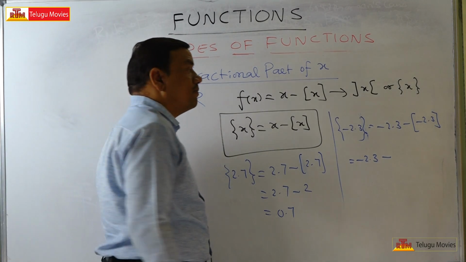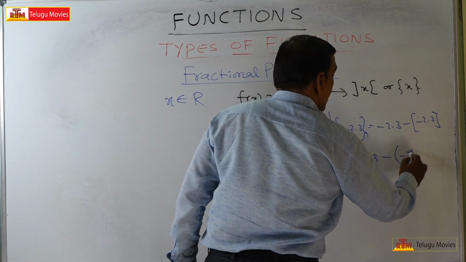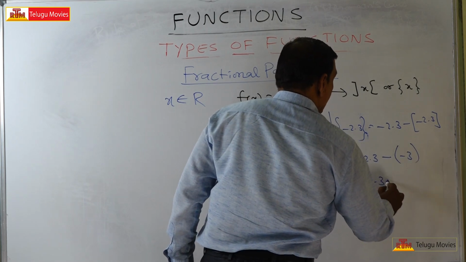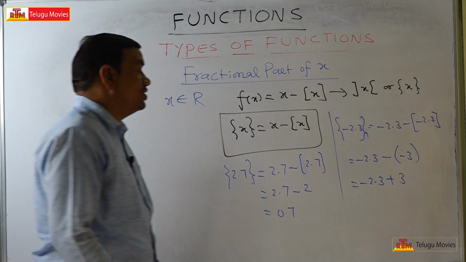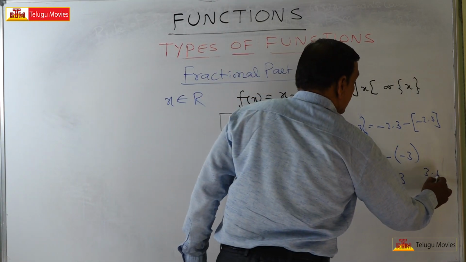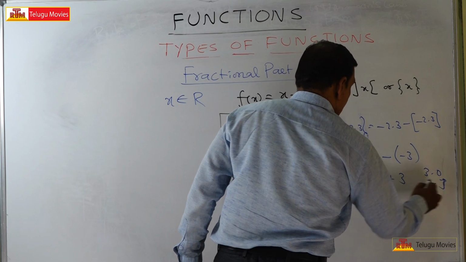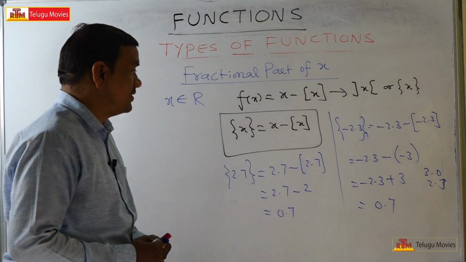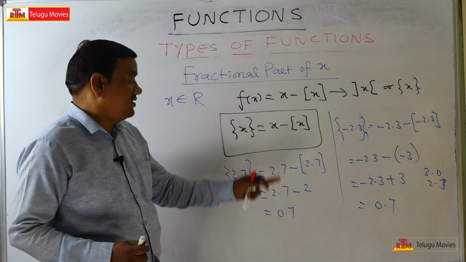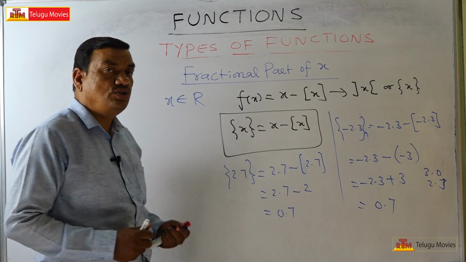Minus 3. So that is minus 2.3 plus 3. If you subtract 2.3 from 3, this is 0.7. So for 2.7 it is 0.7, and for minus 2.3 it is also 0.7.